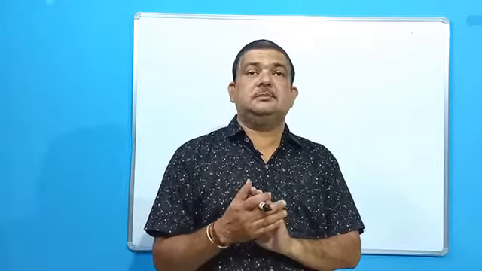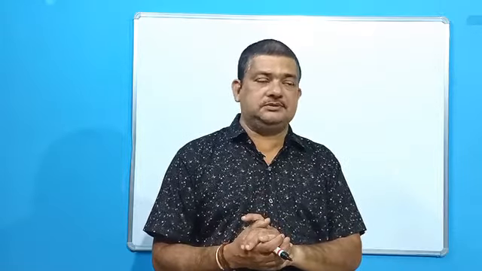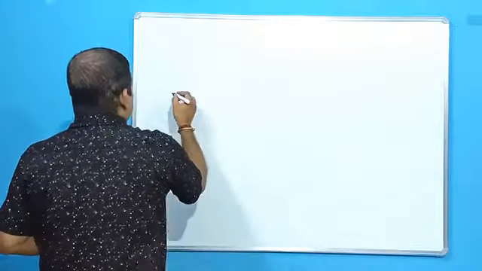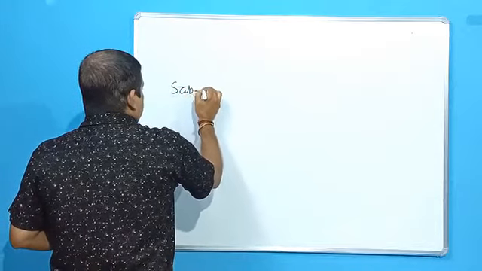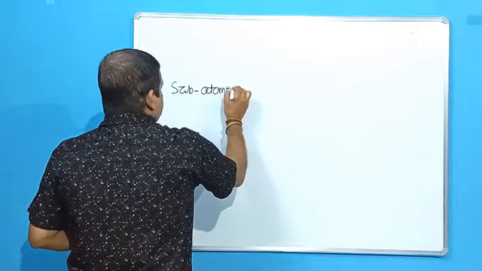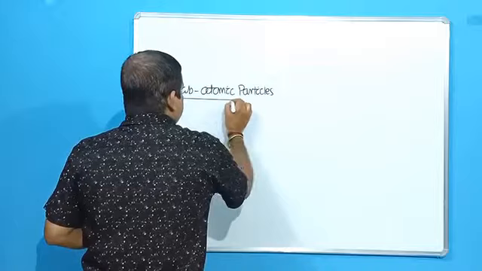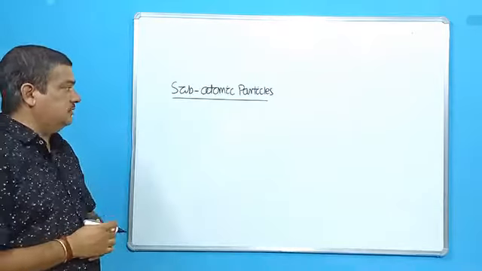But later on it was found to be divisible, and there are around 35 types of subatomic particles present inside the atom. The particles which reside or stay inside the atom we call subatomic particles.